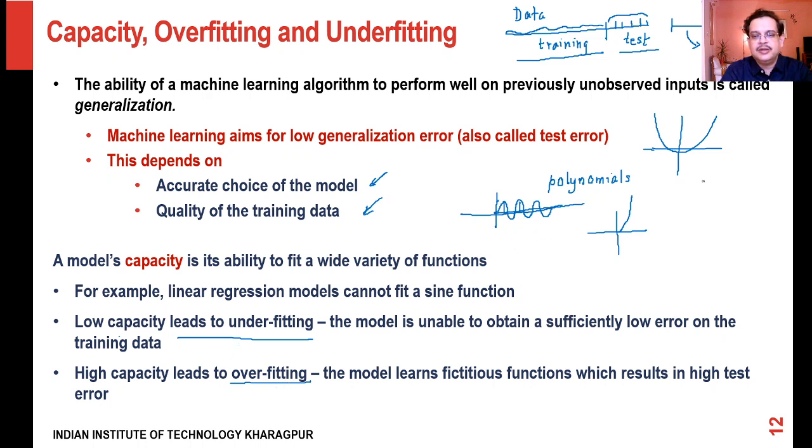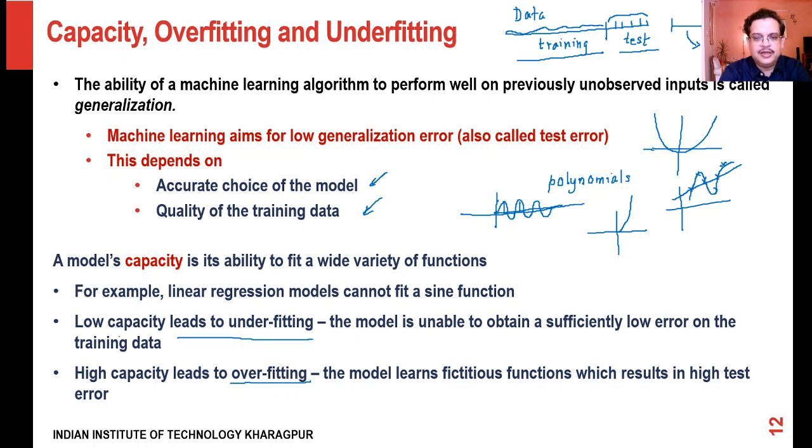Remember that when I am presented with a data set, it may have a set of points which are accurate, but it may also have a few points which are essentially noise. A good fitting function will fit it in a way that the noise does not affect you too much. But if you try to fit this using a polynomial of a much higher degree, then you may end up getting a function which overfits.